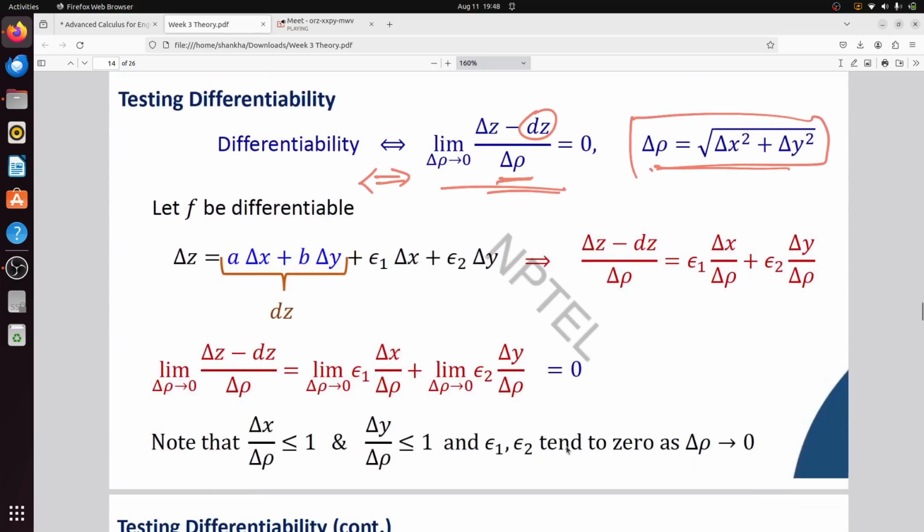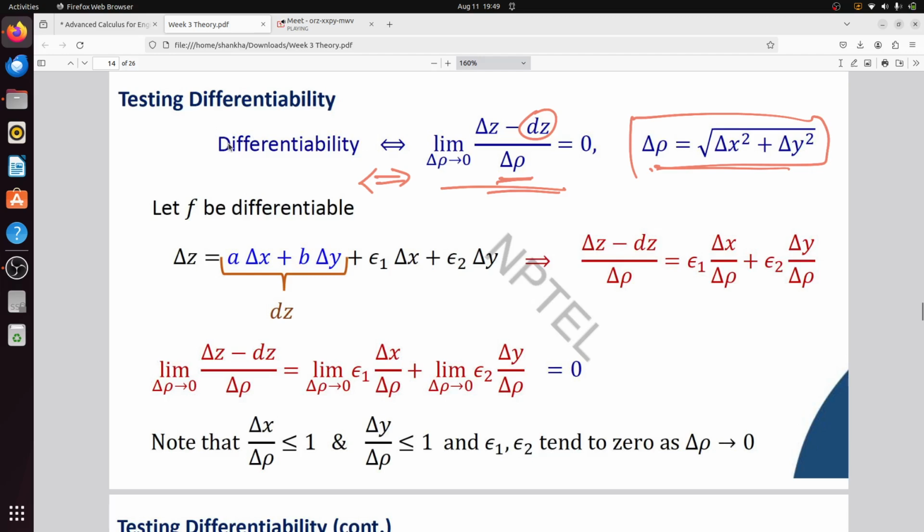Now this is the most important part, testing differentiability. You have a function, so differentiability is: limit as delta rho tends to 0 of (delta z minus dz) by delta rho equals 0, where delta rho equals square root of delta x square plus delta y square. Let f be differentiable. Let delta z equal a delta x plus b delta y plus epsilon 1 delta x plus epsilon 2 delta y.